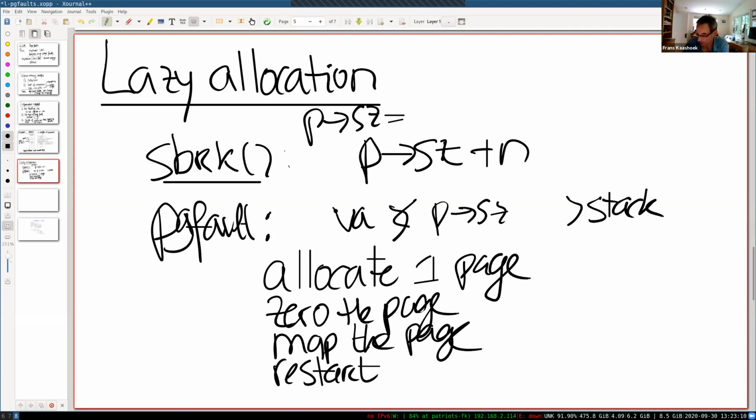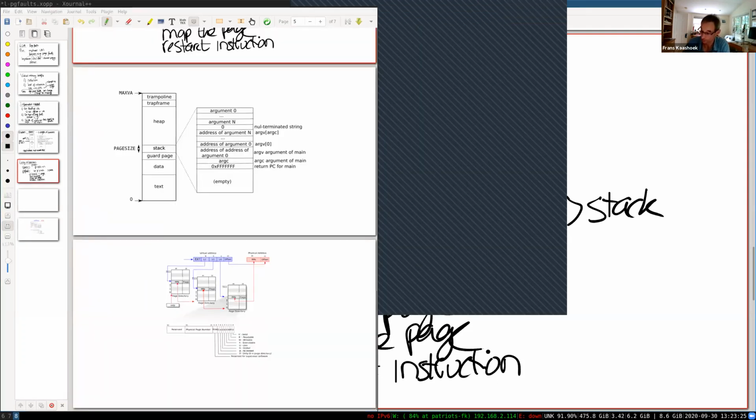So for example, if it was a load or a store instruction that was trying to read or write that not-yet-allocated piece of memory, after we map in this physical page, the restarted instruction should just work.